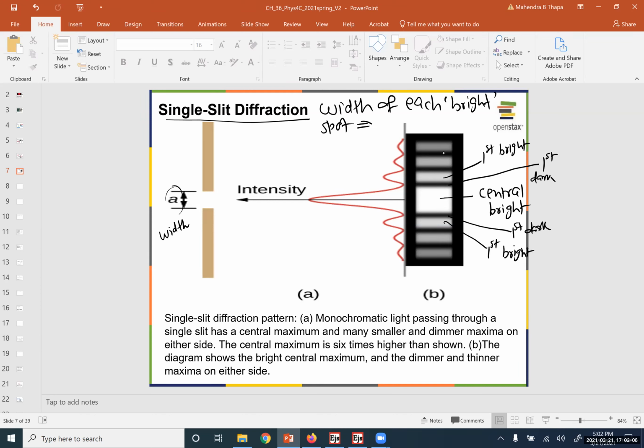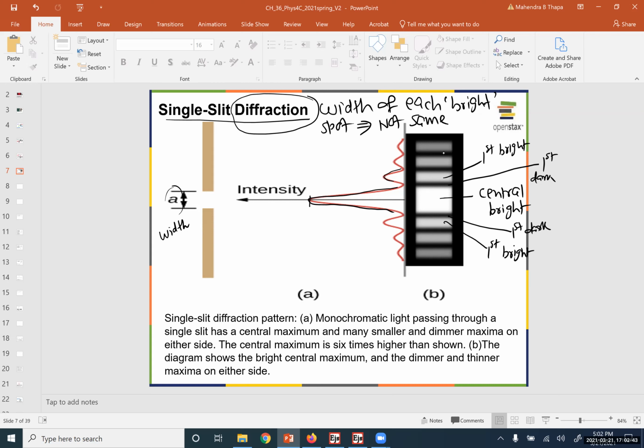You see here the center bright has very high intensity. Then if you go to the first bright, the intensity is going down. So in the case of diffraction, the intensity of each bright is not the same.